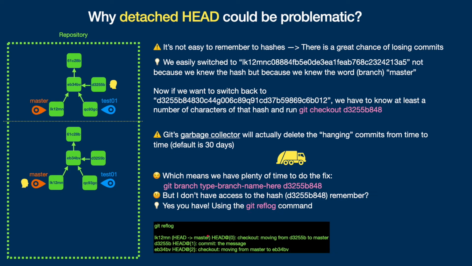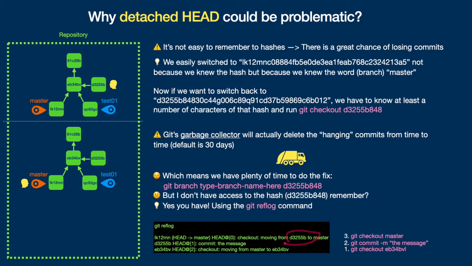If we run git reflog in this scenario, we would get this. From bottom up, it logged that we switched to the eb34bv commit. We made a new commit, and here is the hash we were looking for, and then we switched back to master.